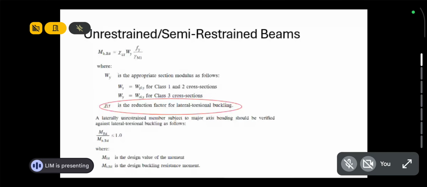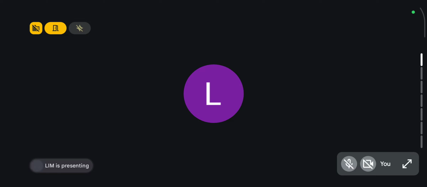All right, so I will share this slide with you. You can delete your own slides I shared with you earlier for fully restrained beams. For unrestrained or semi-restrained beams, let me know if you cannot see my slide. I'm showing the slide right now. If it disappears, you let me know.